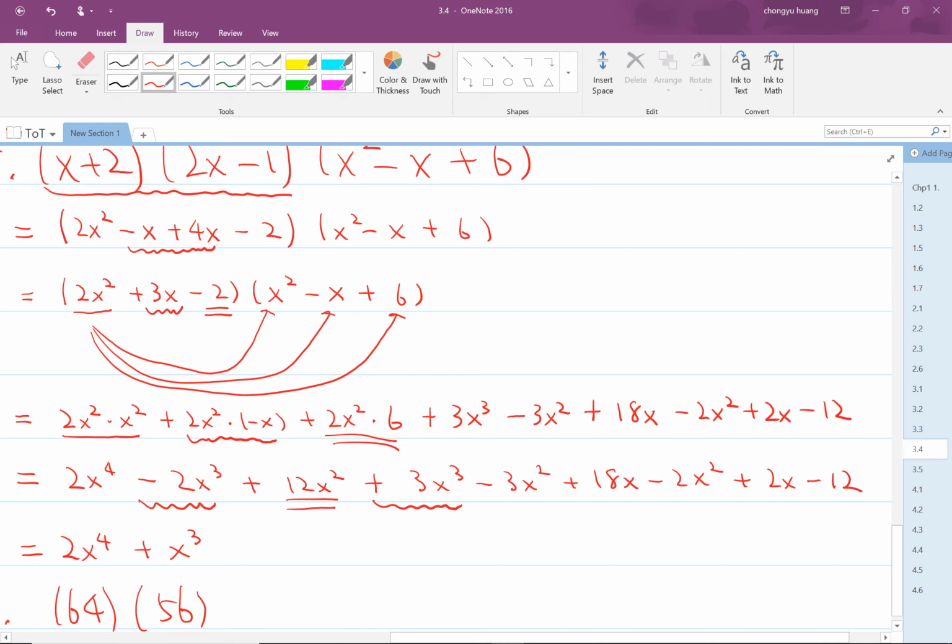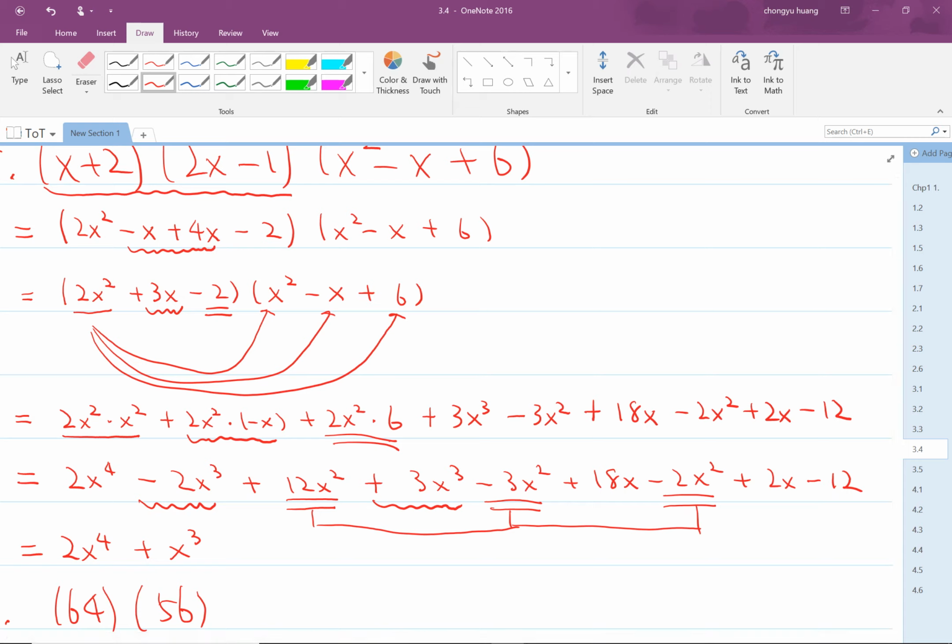Here you can see there's a 12x to the power 2, and then we have a negative 3x to the power 2, and then another negative 2x to the power 2. Let me make it a little clearer. Those are the only three terms for x to the power 2.